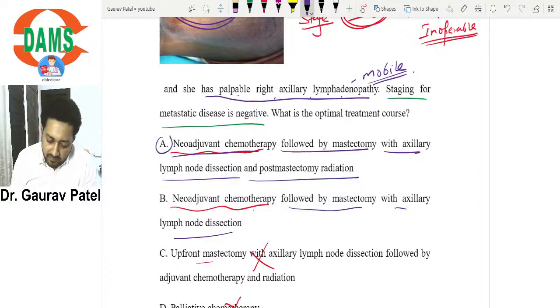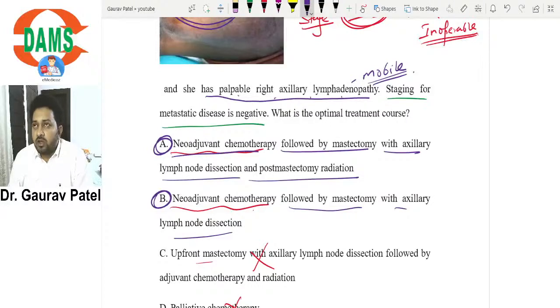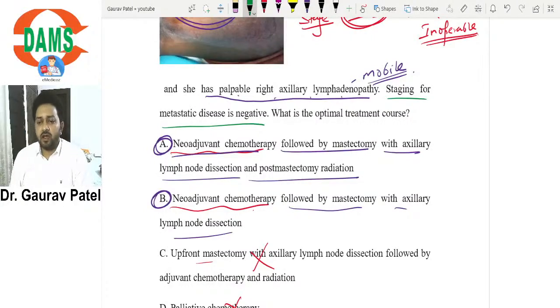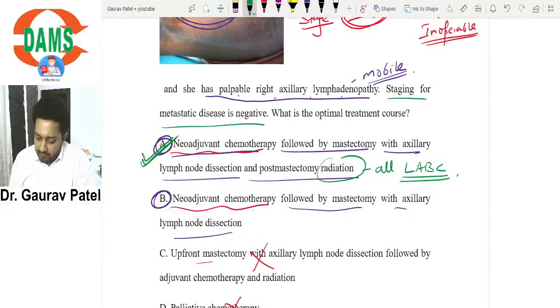So tell me, A is with radiation, B is without radiation. You want to give radiation in this case or not? Tell me the answer, whether radiation is required or not in this case. Yes, you want to give radiation, so this will be option number A. Radiation is given to all LABCs.